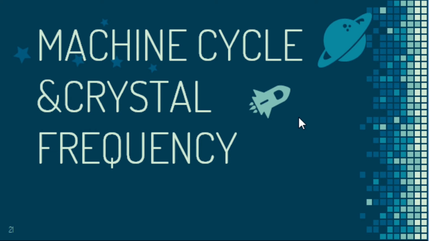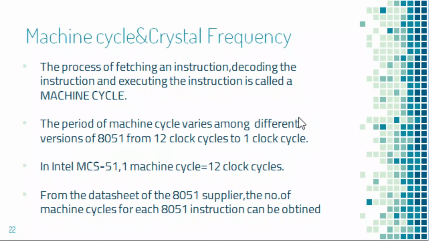What is a machine cycle? There are three major steps to execute an instruction by the CPU. They are fetching the instruction, decoding the instruction, and executing the instruction. These three steps constitute a machine cycle.